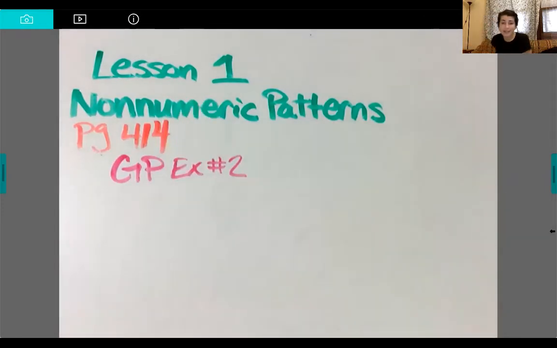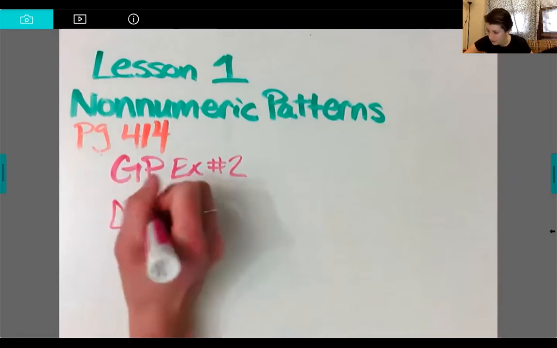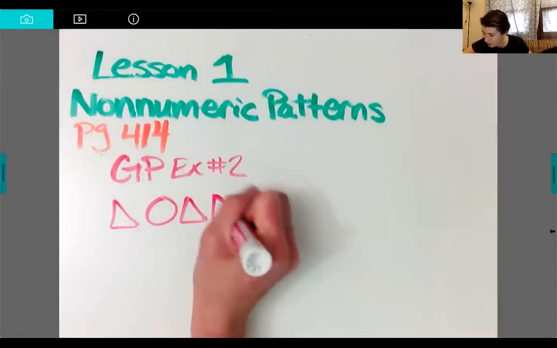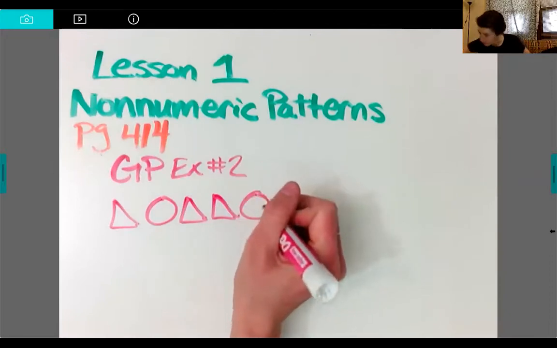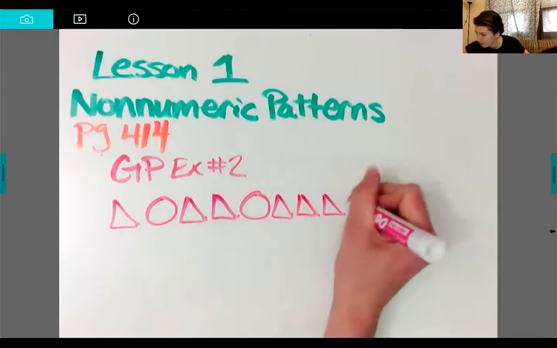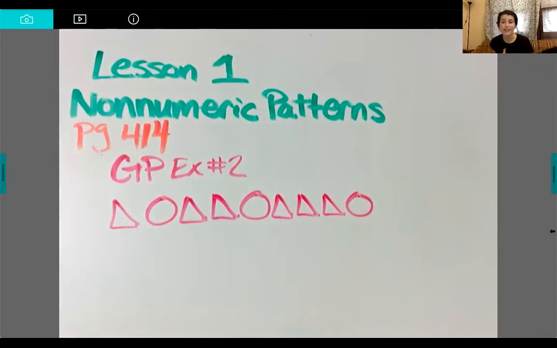For guided practice example 2, we have another example of a growing pattern. We have triangle, circle, triangle, triangle, circle, triangle, triangle, triangle, circle. And now you get to continue the pattern. What comes next?